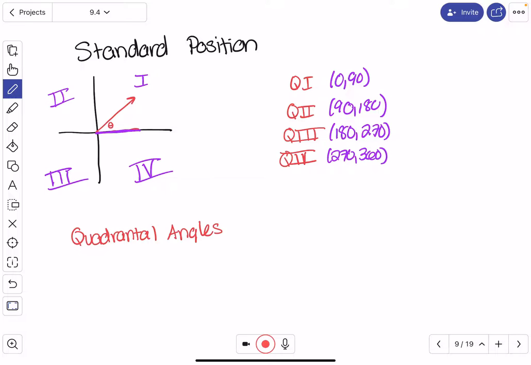Now notice they're not brackets, they're parentheses, because the angles on the axes are called quadrantal angles. So you have your 0, your 90, 180, 270, 360, and technically this goes on and on and on forever in a circle. All of those are called quadrantal angles.